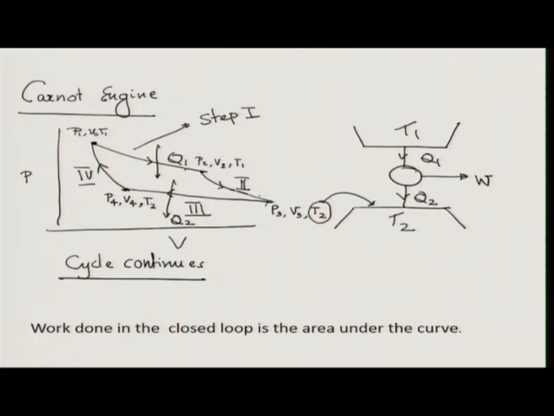In these two processes, temperature is fixed. Here it is the temperature of the hot reservoir, here in step 3, temperature is that of the cold reservoir, and 2 and 4 naturally being adiabatic, there is no heat exchange, and this cycle continues. I will calculate now the efficiency of this engine and show it depends only on T1 and T2.